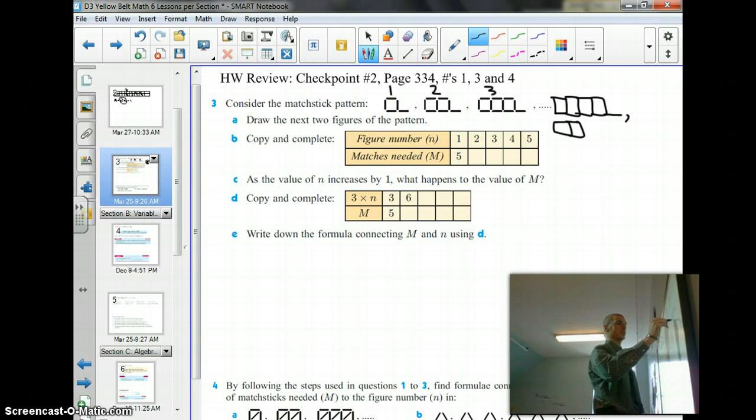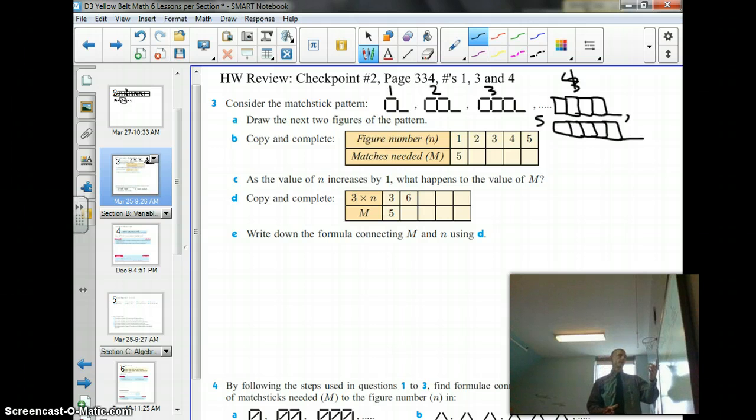As we go forward, we need to make sure that we understand why we're doing this. The first part is because we want to be able to fill in our chart. So we drew the next 2 figures. If your next 2 figures look like these, you're good.